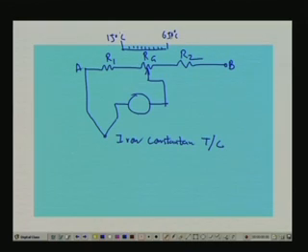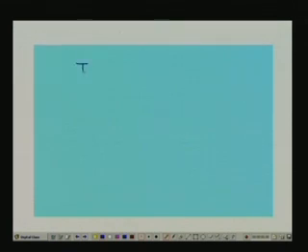The current of 3 milliampere is given. So, let me now make the solution. The current is 3 milliampere.